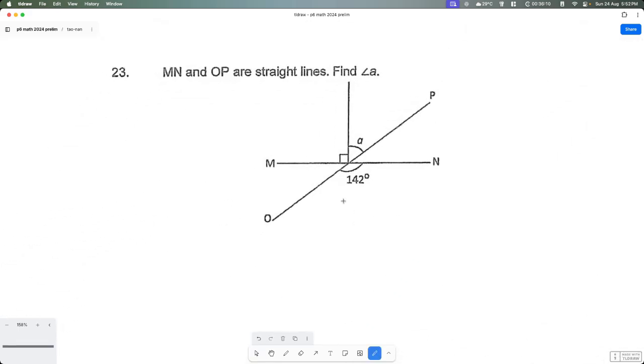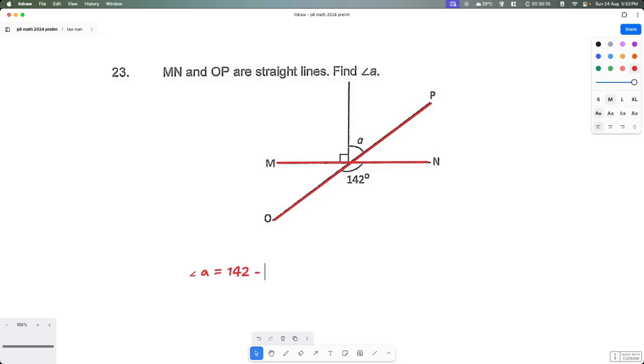Question 23. MN and OP are straight lines. So let me just highlight this in red so it's easier to see. So now we just need to find angle A, right? So basically, we just put angle A is equal to 142 minus 90, and this will become 52 degrees in this case over here.